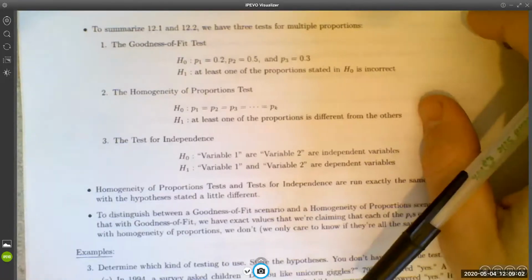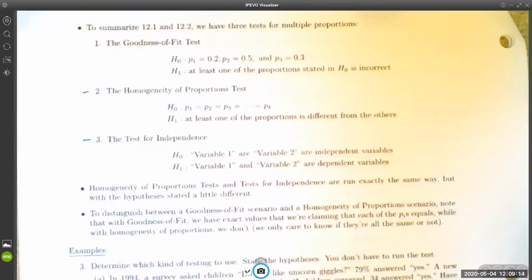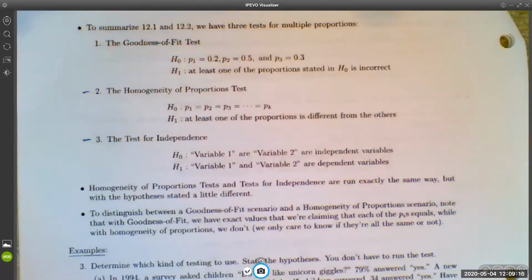Okay, let me give you another example of this. Oh, no, I'm going to give you a summary of what we've talked about in chapter 12. This is good. Because in total in chapter 12, we've talked about 3 different tests, but really, 2 of these are the same. They're the same test, just a slightly different perspective. So really it comes down to 2 tests, right?